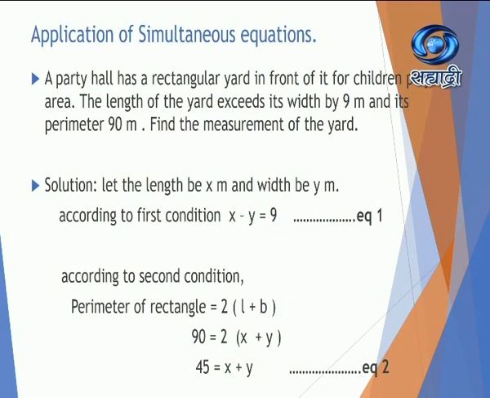Now children, you can immediately make out we have got two very simple equations, that is x minus y equal to 9 and x plus y equal to 45. To solve these two equations, we can use any method which is comfortable to you.